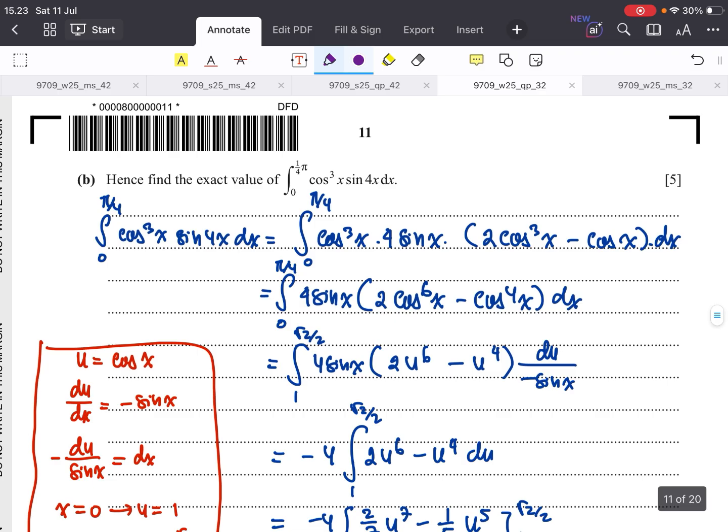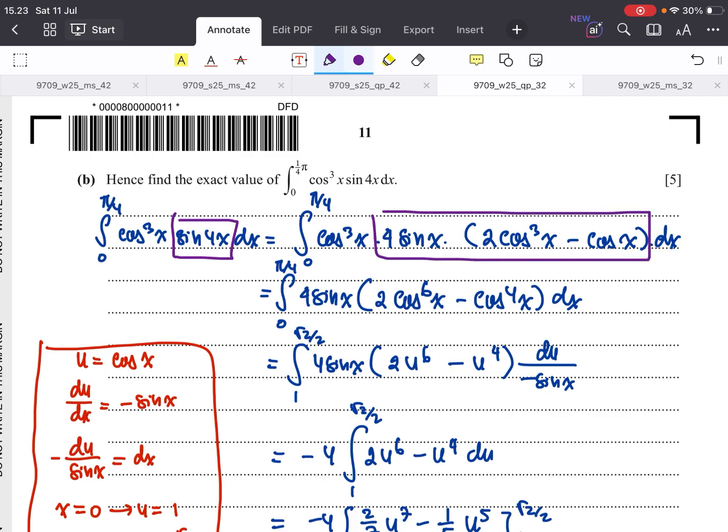B. Hence find the exact value of this integration. So integral from 0 to pi over 4 of cos cube x times sin 4x dx. We know already that sin 4x can be written into this form. So just multiply this by cos cube x.